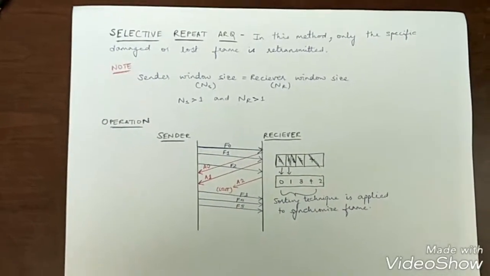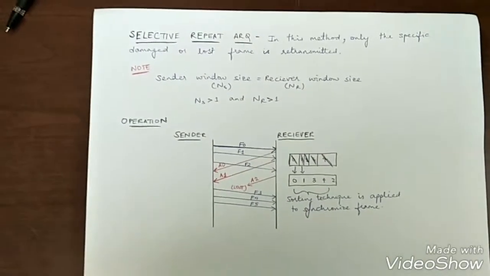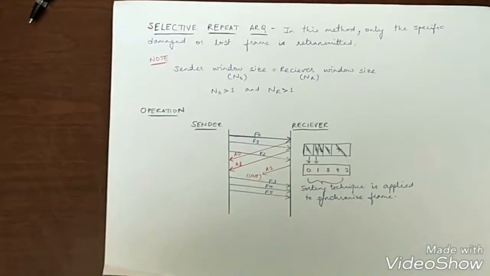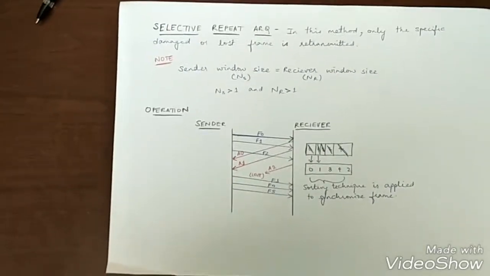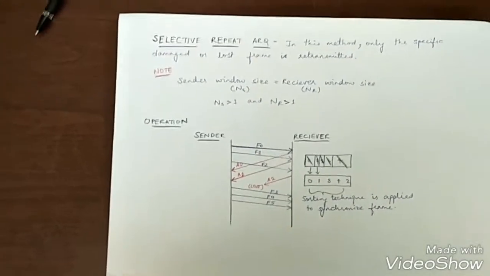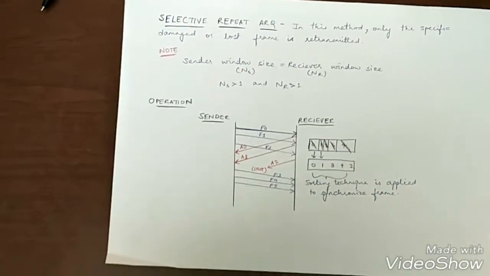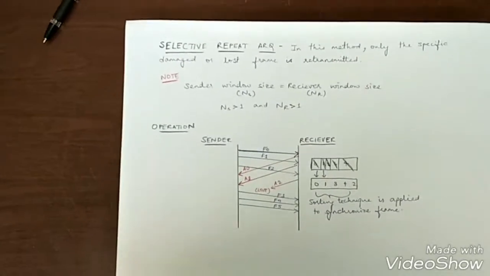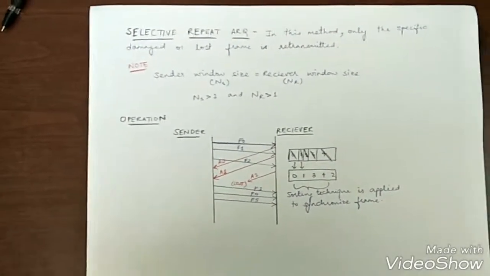So the better way of doing it is selective repeat ARQ. In this method, only the specific damaged or lost frame is retransmitted. Here the sender window size and the receiver window size should be greater than 1, and if a frame is lost or damaged, only that frame will be retransmitted.